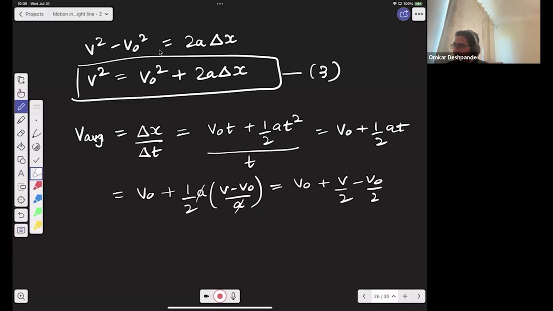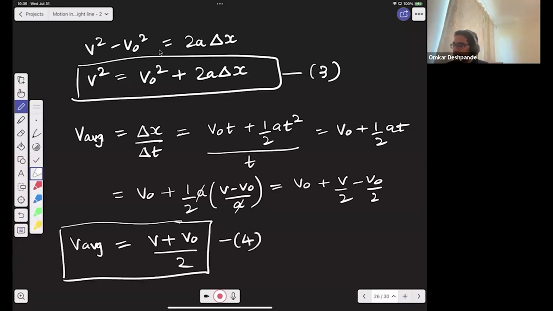So that means my average velocity is basically the average of the initial and the final velocities. Okay, so sometimes this is also assumed, or sometimes it's helpful, less often though. The first three equations are most common.